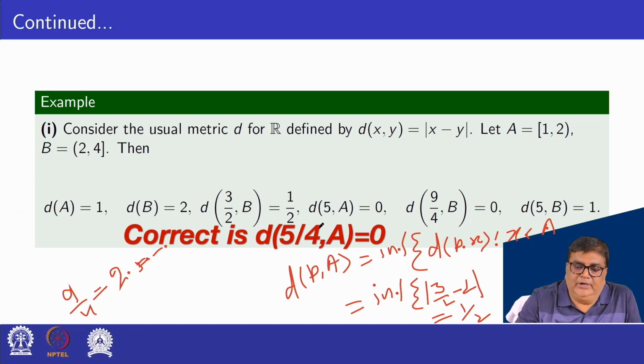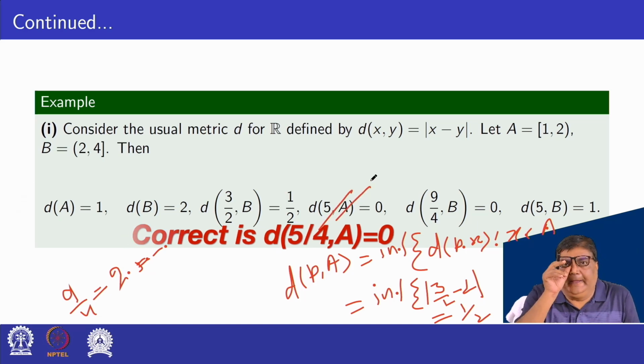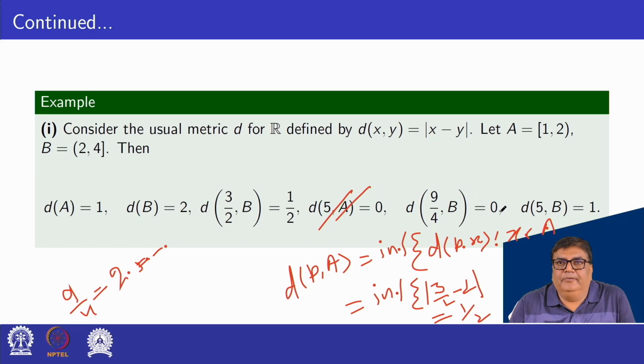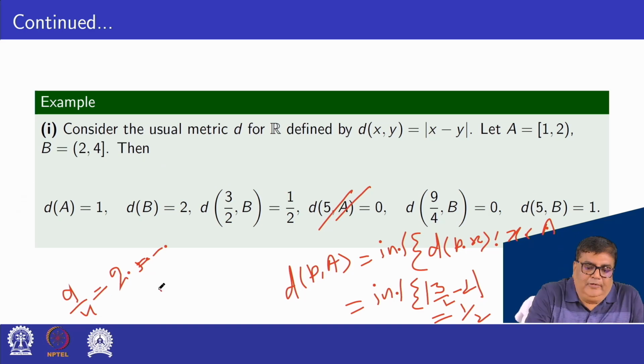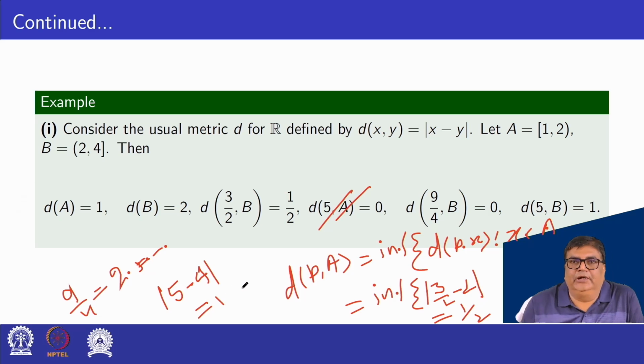The other one, d(5,B), is equal to 1. So this is the infimum of mod 5 minus x for x in B. So the infimum value, 5 minus 4, is equal to 1, that is d(5,B) is equal to 1.